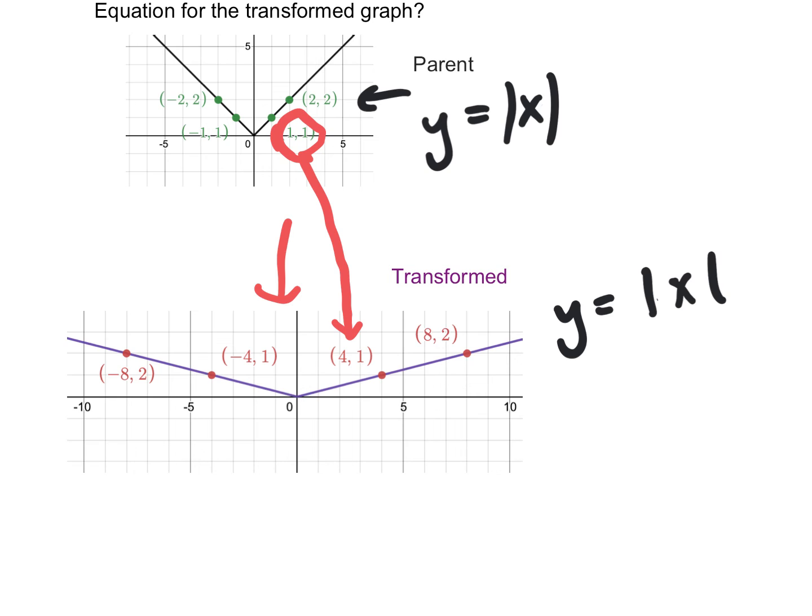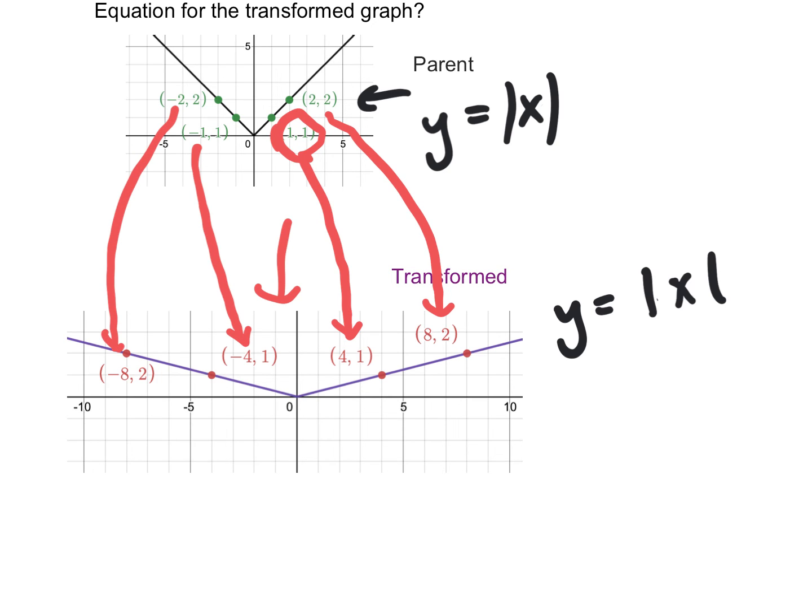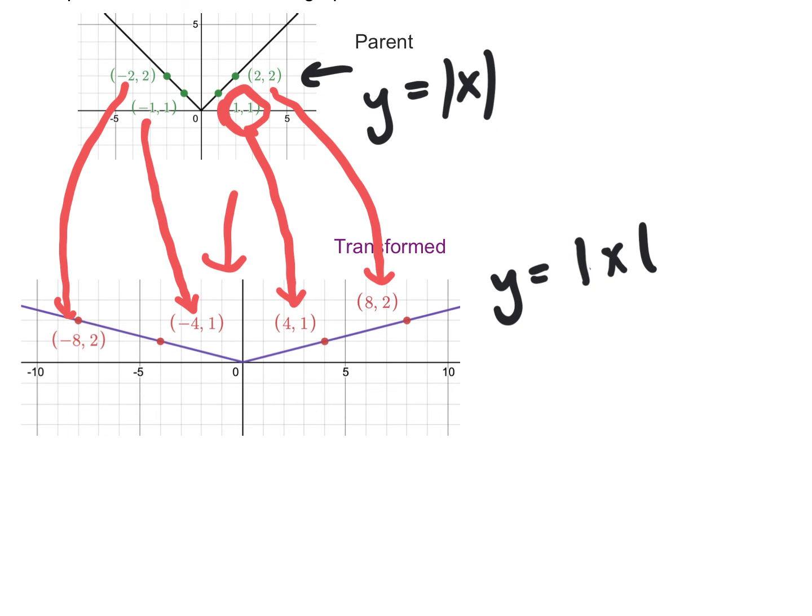And 2, 2 turned into 8, 2. Looks to me like the x's are all getting multiplied by 4. Let's see if that's still the case here. Yup, times by 4. Yup, times by 4. But then why do I not put a 4 right in here? My x's are getting times by 4.